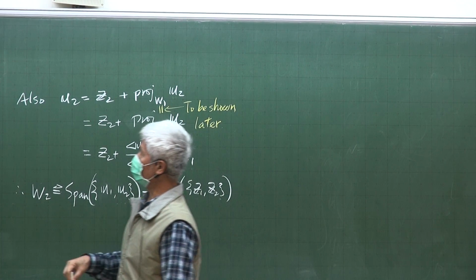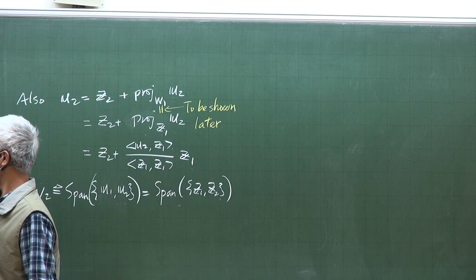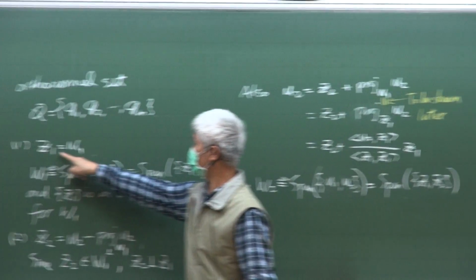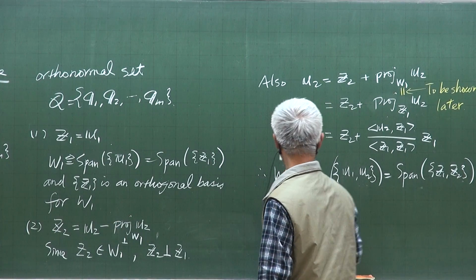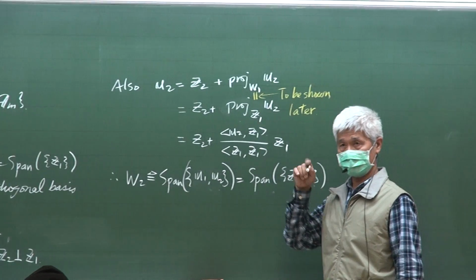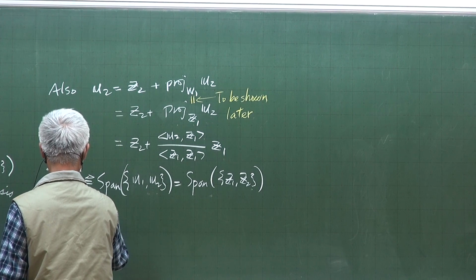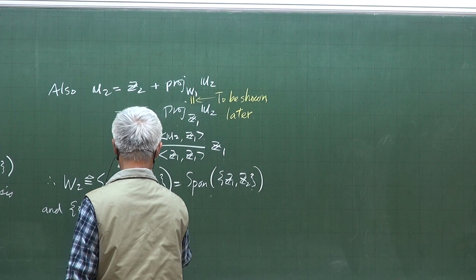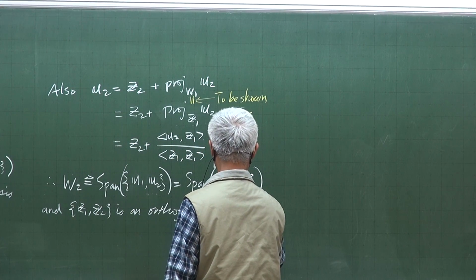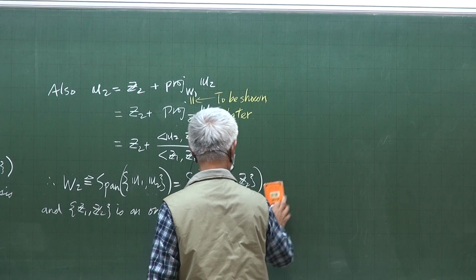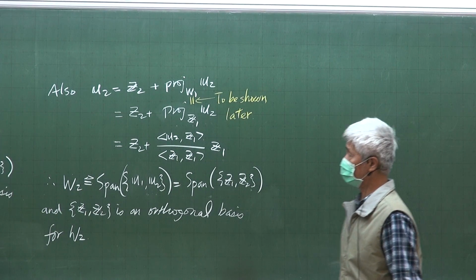But conversely, Z1 can be expressed by U1, and Z2 expressed by U2 and Z1, because Z1 equals U1, so Z2 is a linear combination of U1 and U2. Okay, so the equality has been shown as before. So we have that Z1 and Z2 are an orthogonal basis for W2, because Z1 and Z2 are orthogonal.